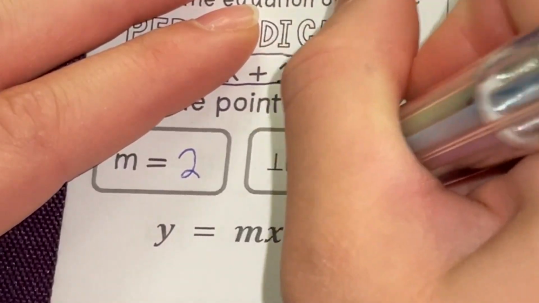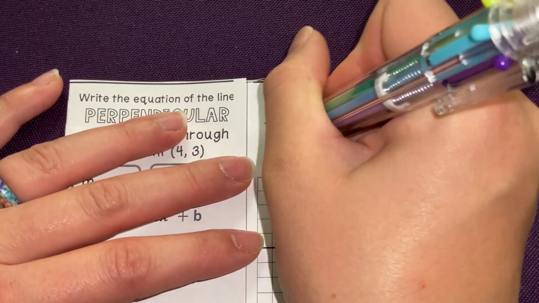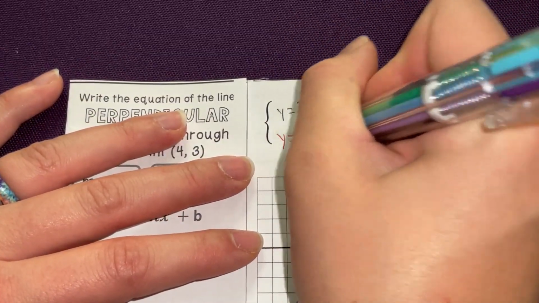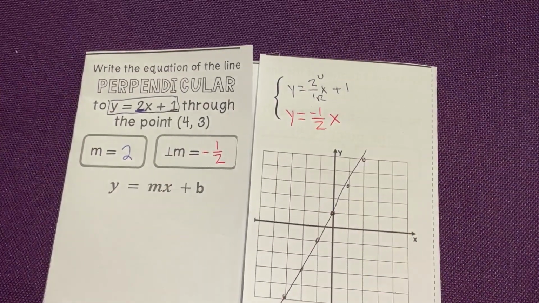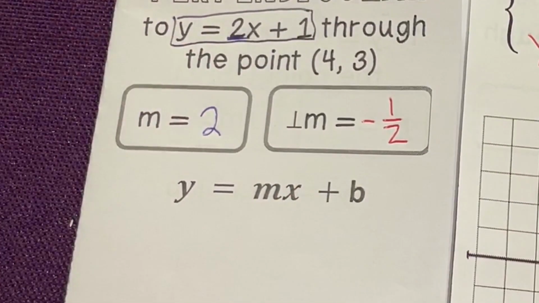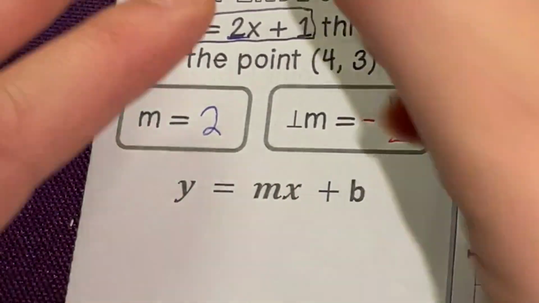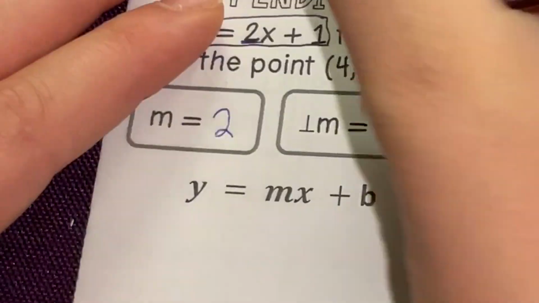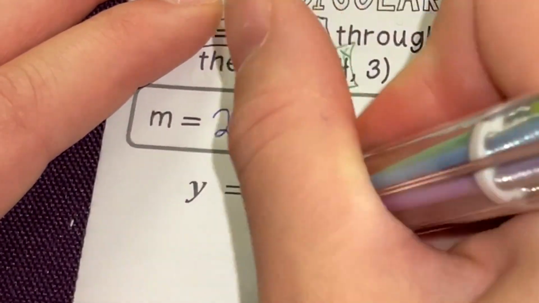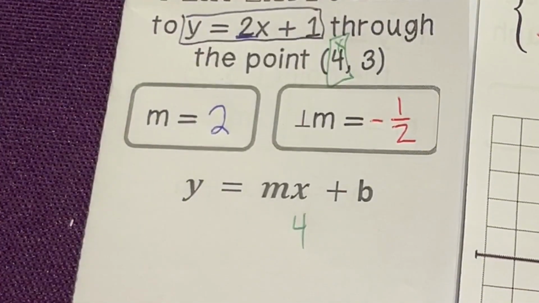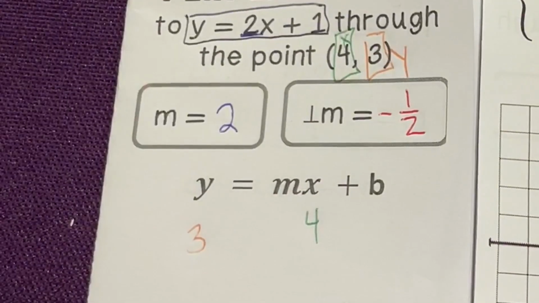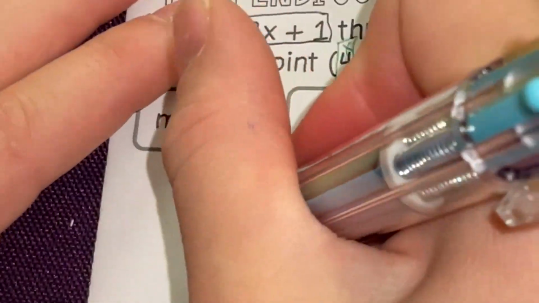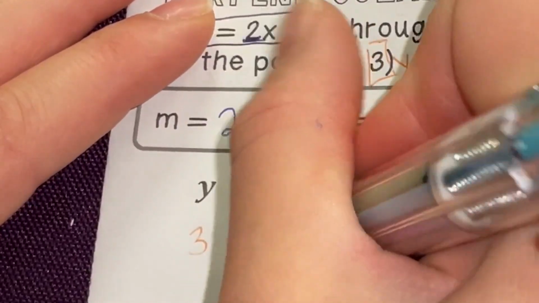So we got -1/2. So my second equation is gonna be -1/2x. And I'm gonna keep that negative sign with the top because I always tell you guys to write it how you say it. And then just like before, we know this is the x value and this is the y value. We know our new slope is -1/2. And don't forget these are being multiplied.